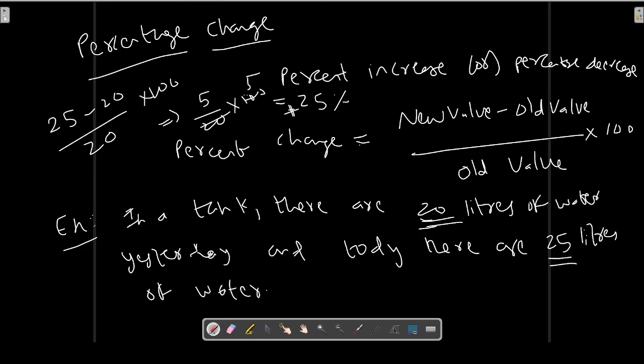So this is the percent increase. Suppose the value here is 15, that means the water in the tank today is 15 liters. That means we have to change this as 15. That means we will get here minus 25, which is nothing but percentage decrease. In this way, we have to solve the percentage change problem.